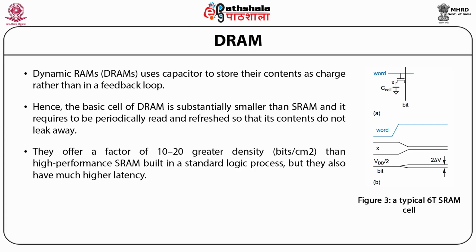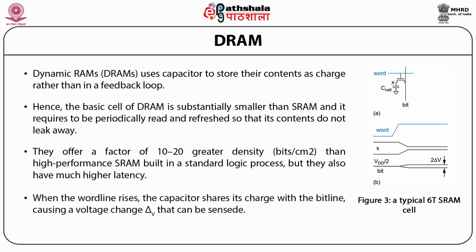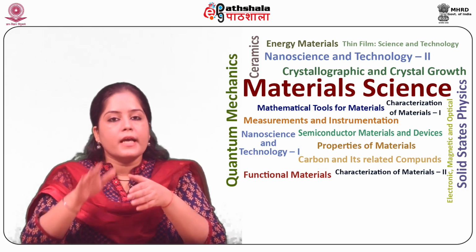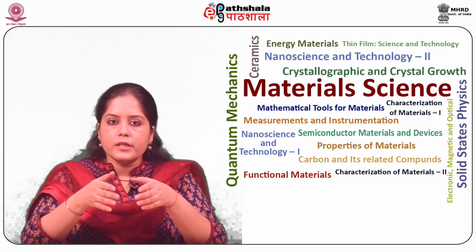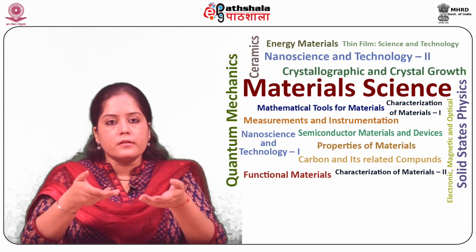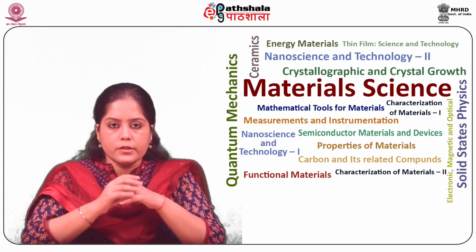So when we are reading, the bit line is first pre-charged to VDD/2 as shown in figure B. When the word line rises, the capacitor shares its charge with the bit line, causing a voltage change delta V that can be sensed. The cell contents at X are disturbed by read, so the cell must be rewritten after each read.